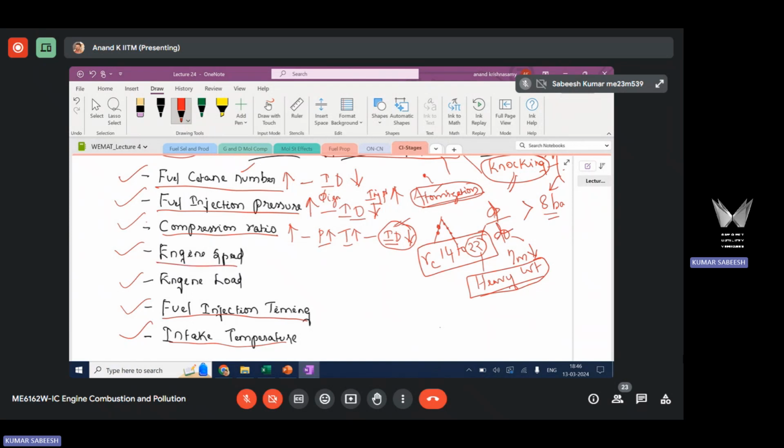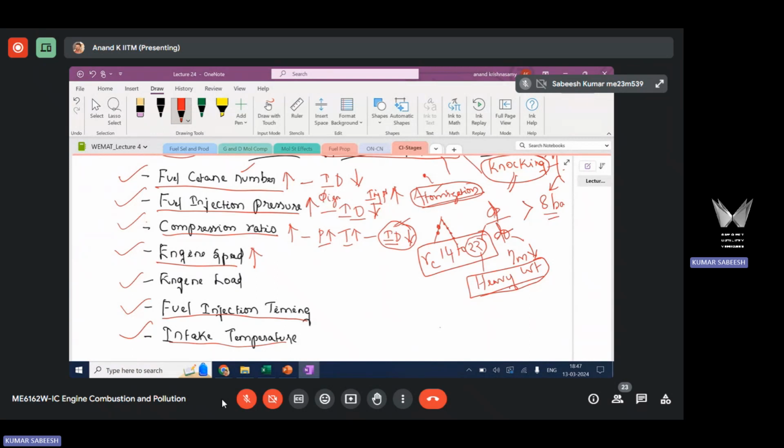Engine speed is an important operating variable. If you increase engine speed, what effect can you expect in the engine in terms of delay time? So delay time should increase, in my opinion. Delay time should increase in crank angle or absolute time?